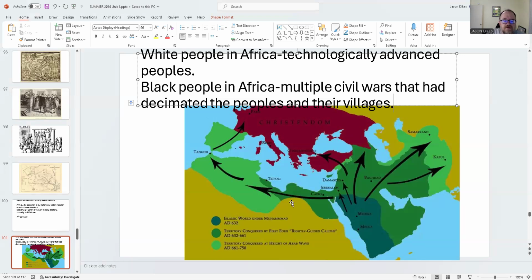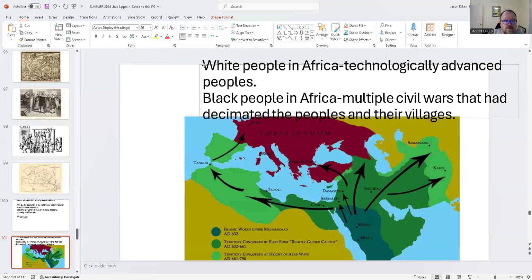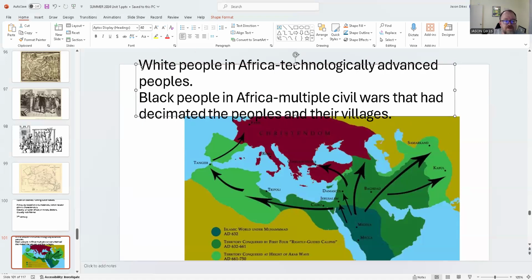And so it had been easy to enslave these decimated Africans, and it had been easy to justify it, because taking a look at these peoples in Africa who were living in a place where civil war had wiped out civilization versus the white people who had civilization, it became very easy to justify the enslavement.